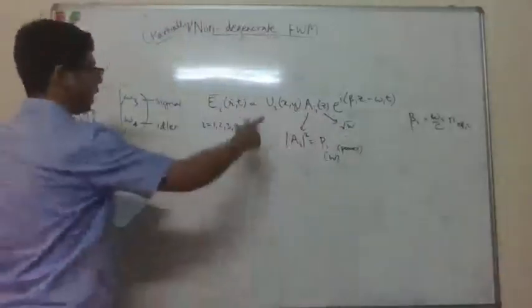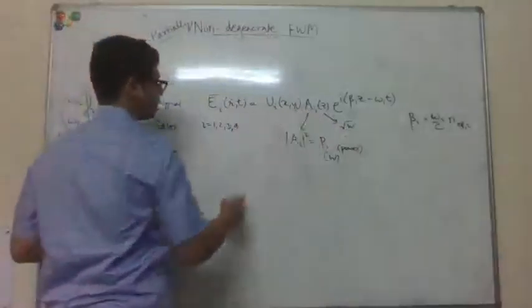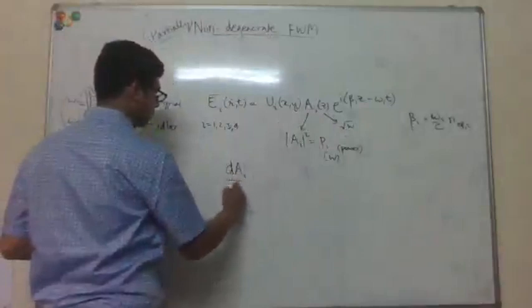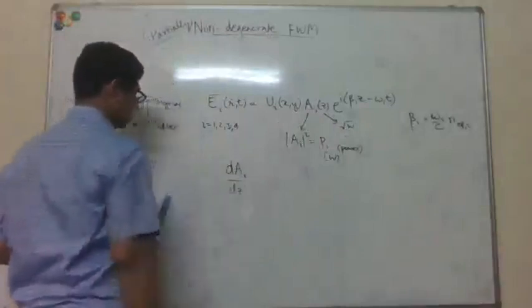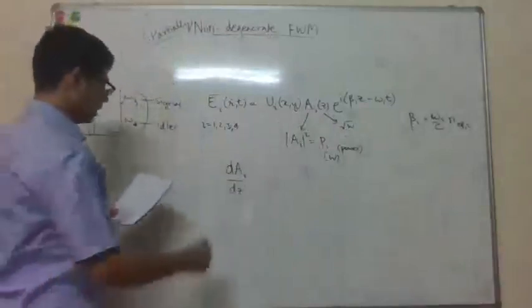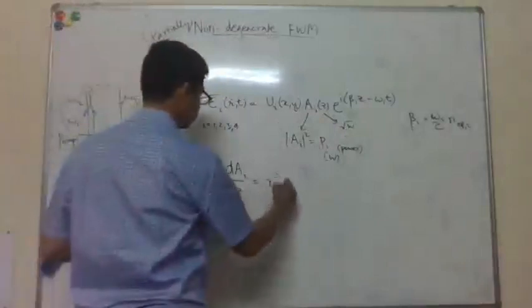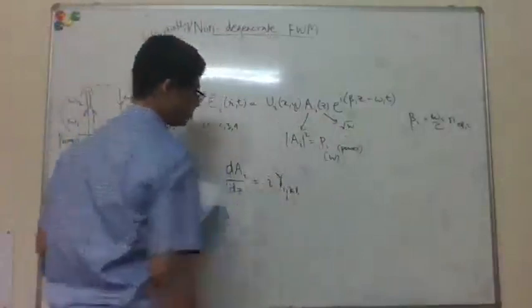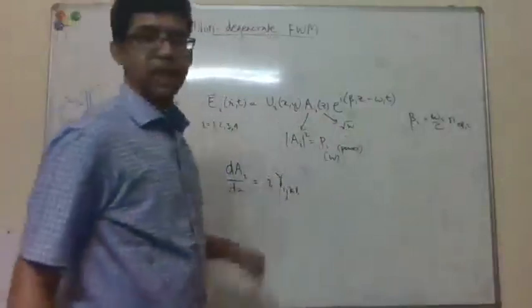And then if I normalize the amplitude like this, going back to our discussion on the coupled amplitude equations, we saw that we can write the equations in terms of this effective nonlinearity gamma.